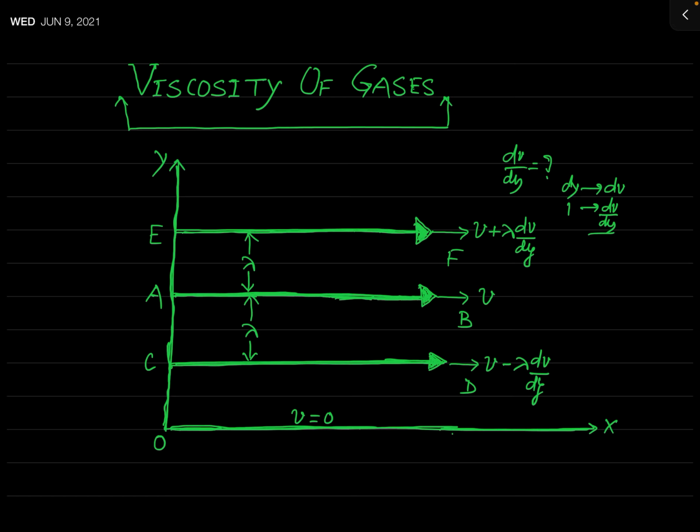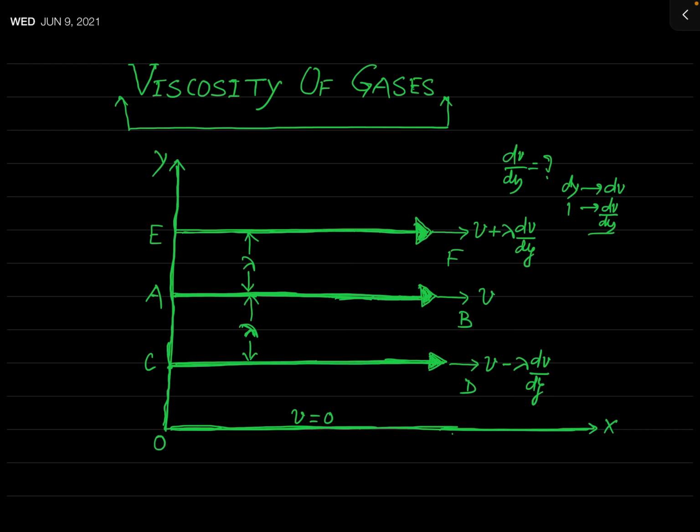You can see in this figure the distance between any two successive layers, that is, the distance between AB and CD, I have assumed equal to lambda, and similarly the distance between AB and EF has also been assumed lambda.